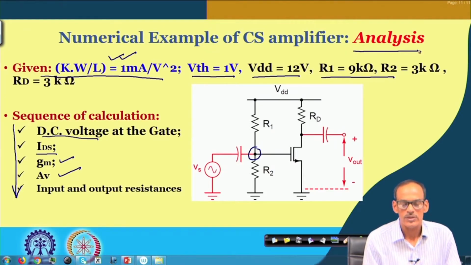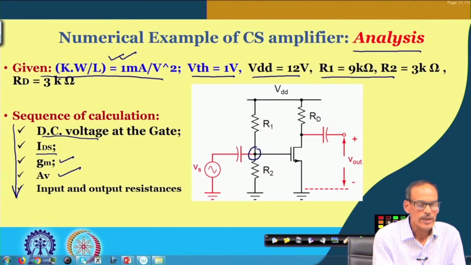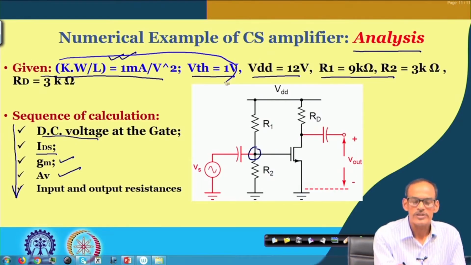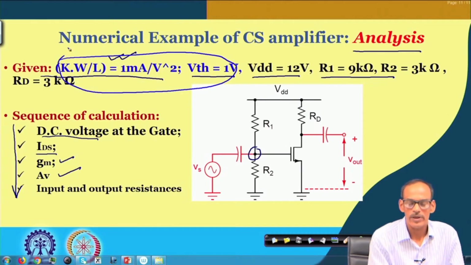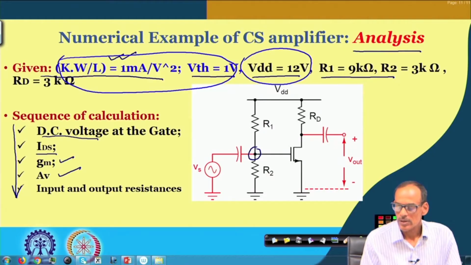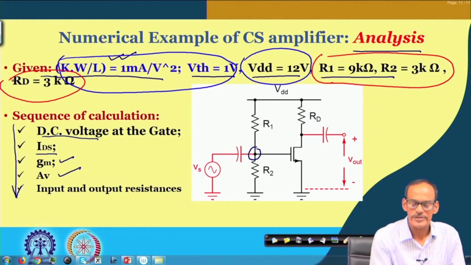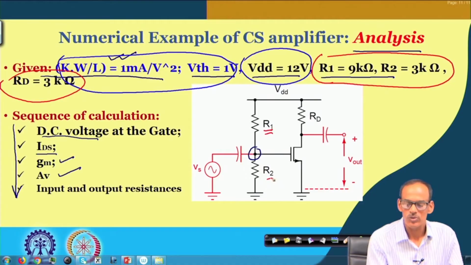You may say that it is theoretical analysis or numerical analysis. Today, we are going to discuss the reverse process, namely the circuit topology is given to us along with the device parameters and the supply voltage, and we need to find the values of these resistors, namely the bias resistors R1, R2, and RD.